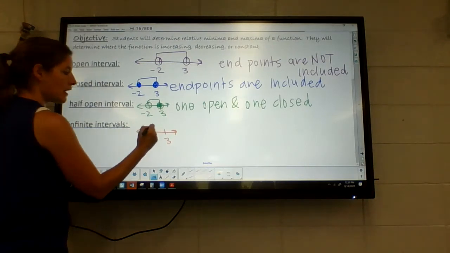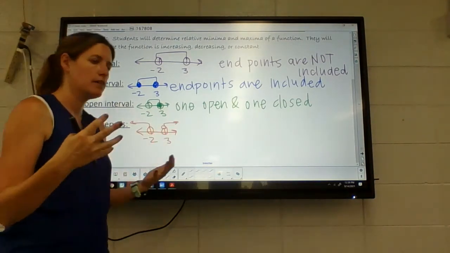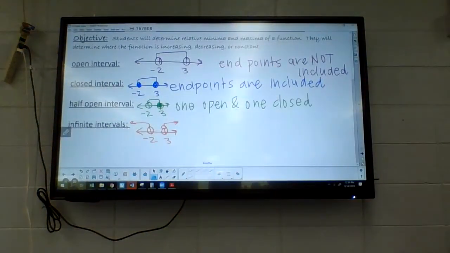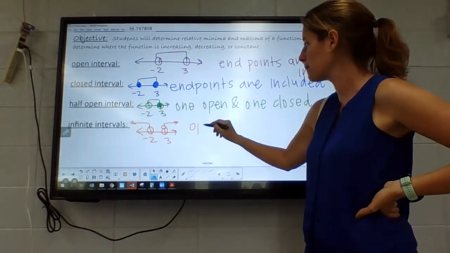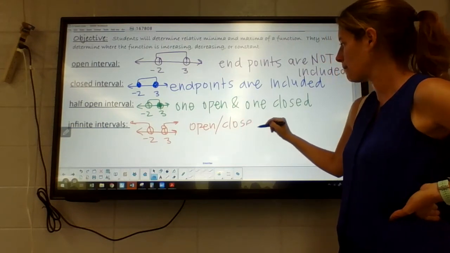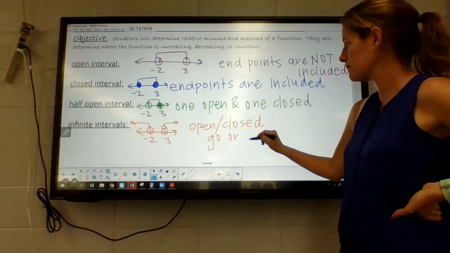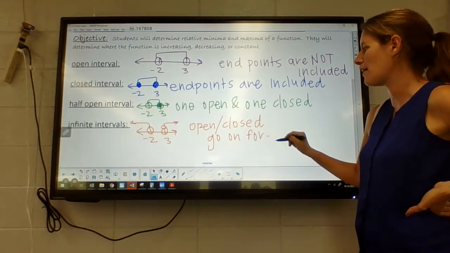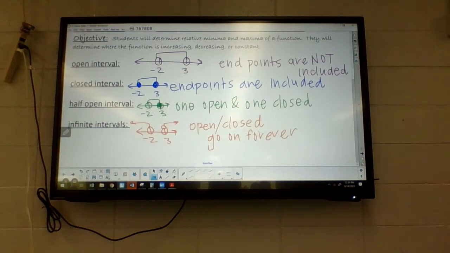The infinite idea is that it goes on forever, so it doesn't have the endpoint on one side. They can be open or closed, but they do go on forever. We couldn't list all the answers for these. We have a limit to what we can mention.